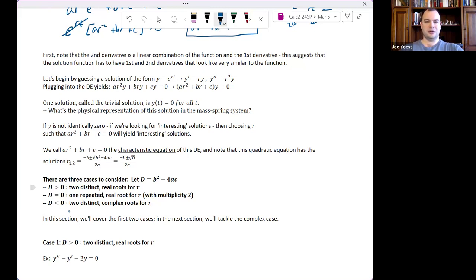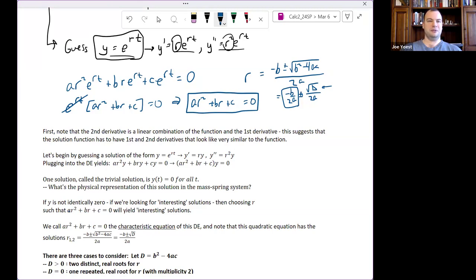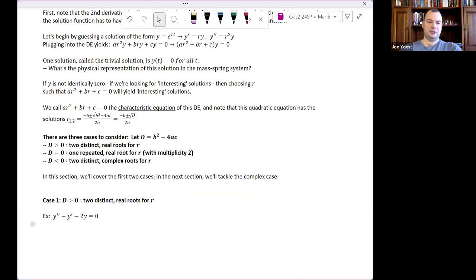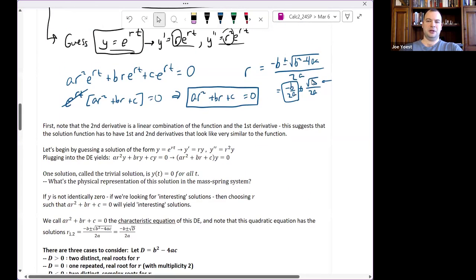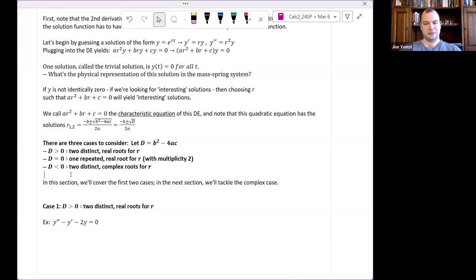If the discriminant is 0, I end up with a repeated root of multiplicity 2 of negative b over 2a. And if my discriminant is less than 0, well, then I'm square rooting a negative number, that yields complex roots. These are my 3 different cases that I could end up in.